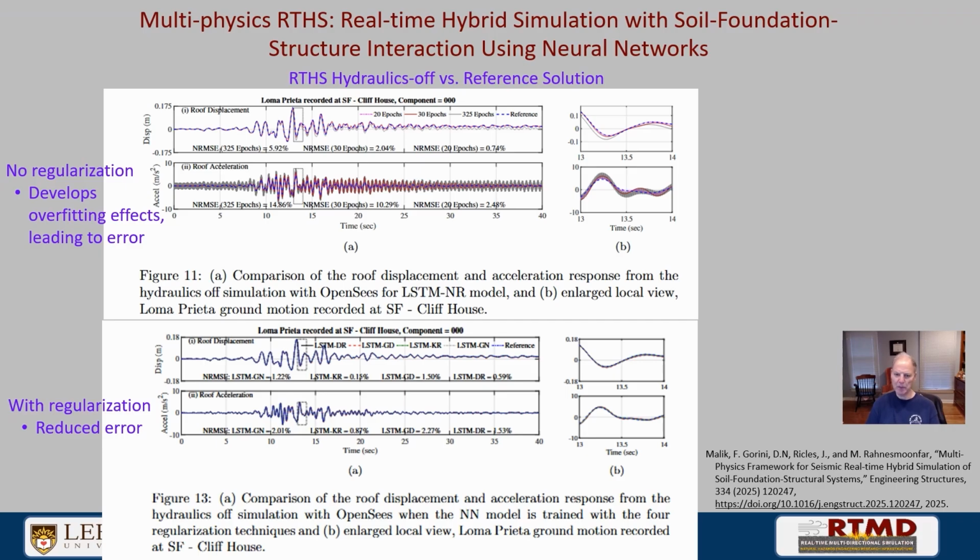That is, the dampers are modeled the same in both OpenSees, which is the reference solution, and the neural network hydraulics off. The superstructure is modeled the same, but the soil in the neural network hybrid simulation configuration, hydraulics off, is modeled with the neural network, and the reference solution has that soil model with continuum elements.